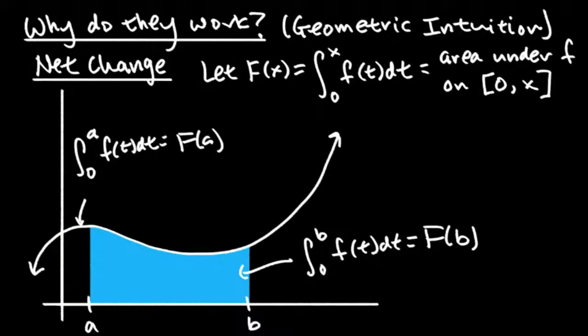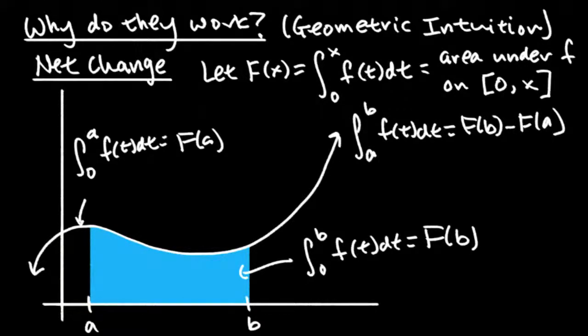That's just the stuff left over there. So in other words, the integral from a to b of f of t dt equals the big area minus the small area, and that's what is left. This is why the net change part works.